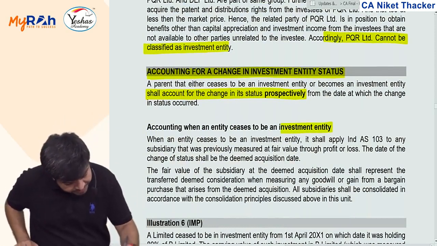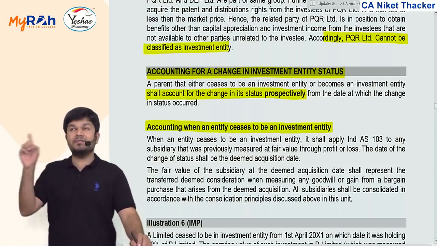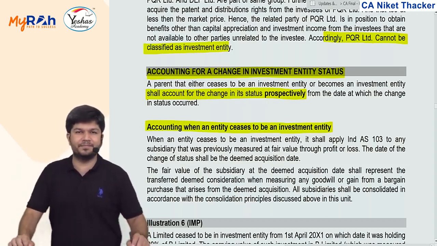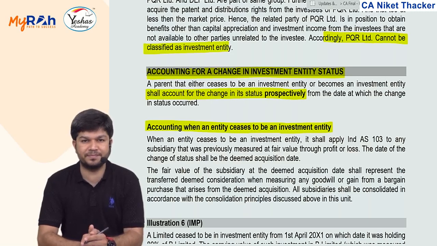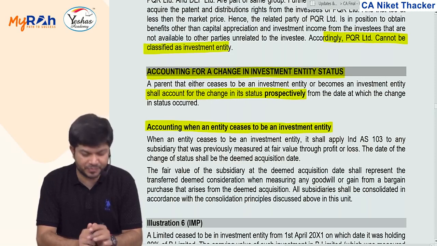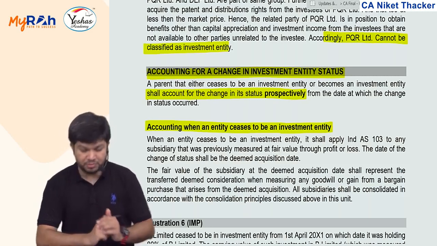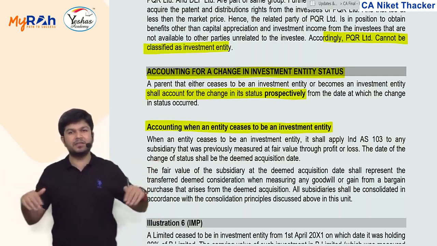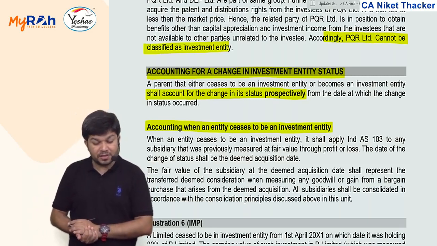So accounting when an entity ceases to be an investment entity. Earlier you were an investment entity, you got exemption from consolidation, but you showed your investments at fair value. Now you cease to be an investment entity, so start consolidating.